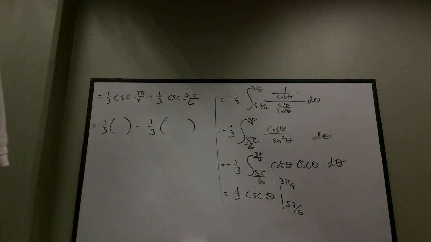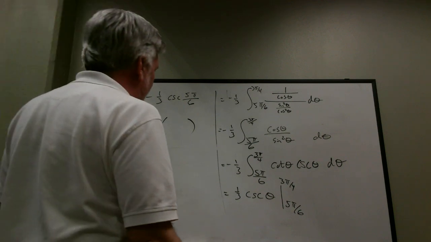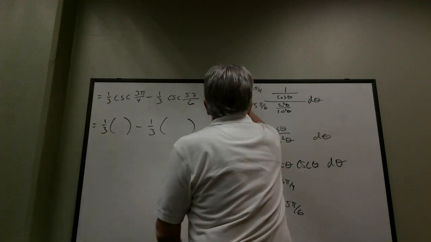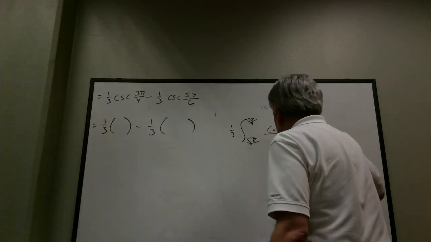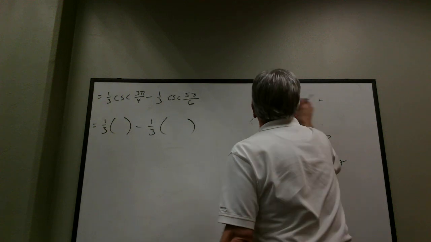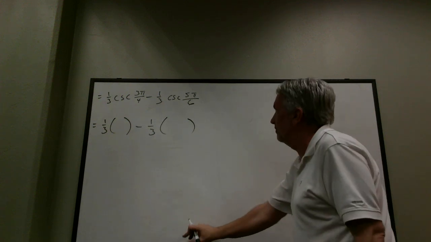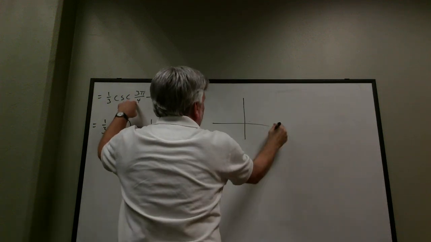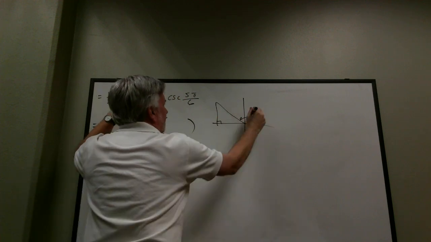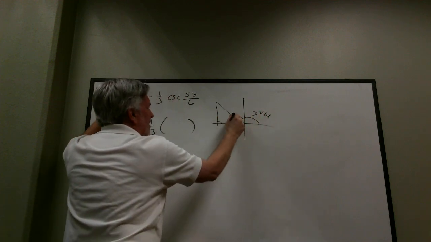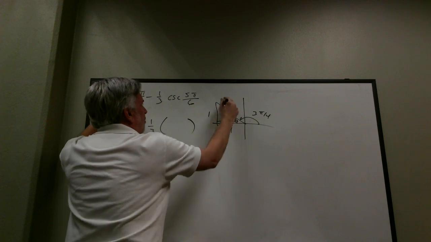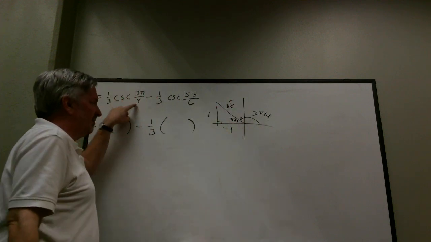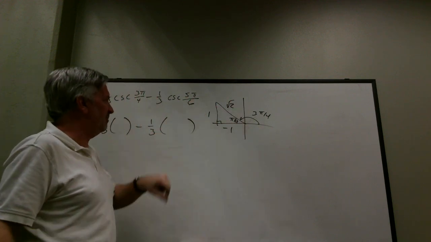Now, if you look back at the triangle pictures I had earlier, I'll go ahead and redraw them, I guess. I mean, we already have the picture for 3 pi over 4 and 5 pi over 6, so just refer back to those. So 3 pi over 4, remember, was here. 3 pi over 4, reference angle pi over 4, and it's your 1, 1, square root of 2 with a negative on the x, because in the second quadrant, x is negative, y is positive.